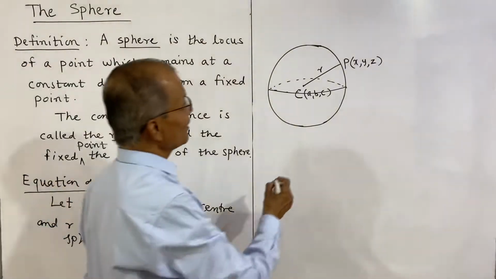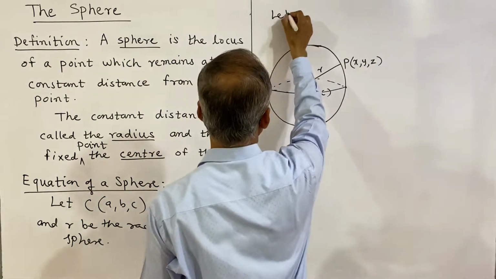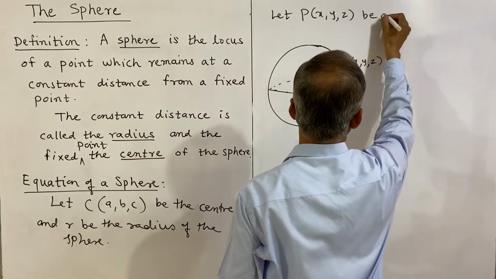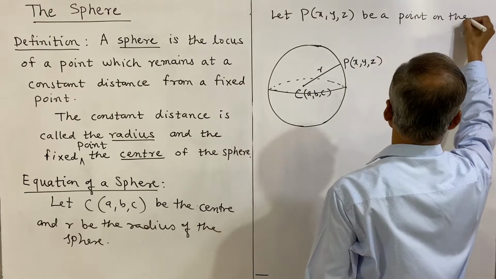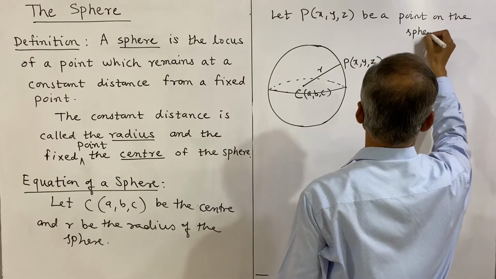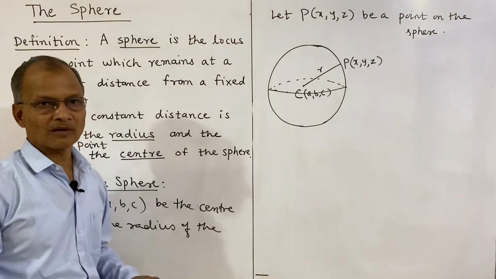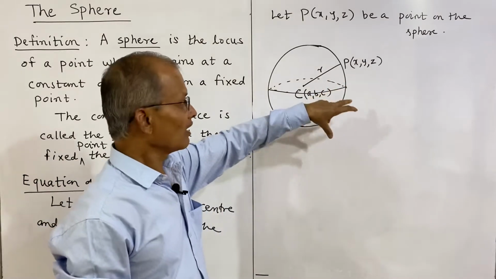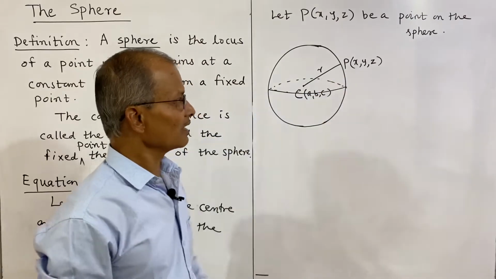Further, let P(x, y, z) be a point on the sphere. To obtain the equation of the sphere, we have to consider a general point on the sphere, and we have taken that point as (x, y, z).